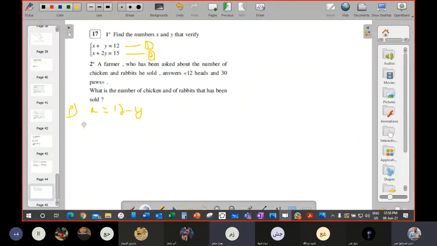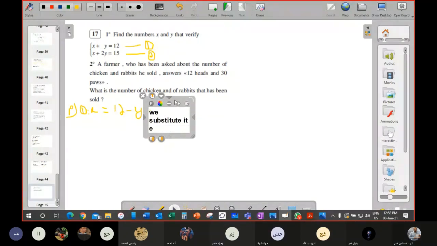Then we substitute x equal 12 minus y from equation 1 into equation 2.